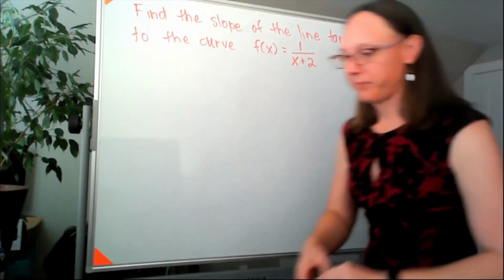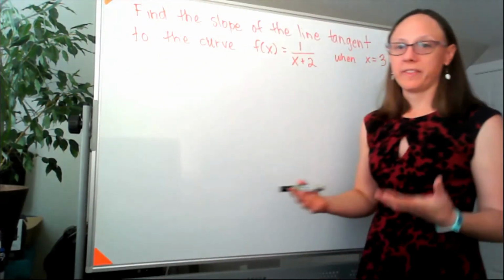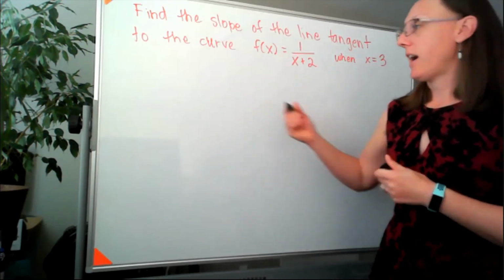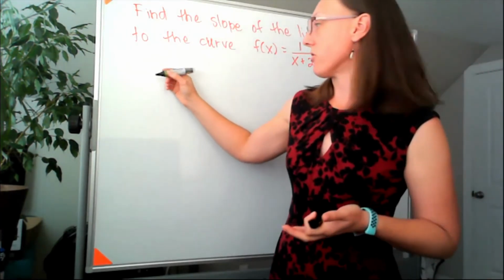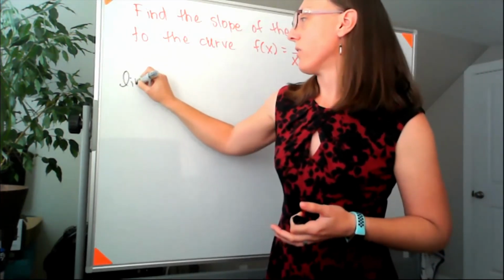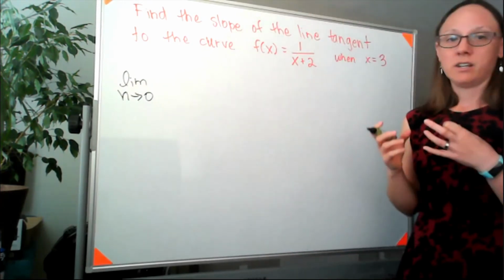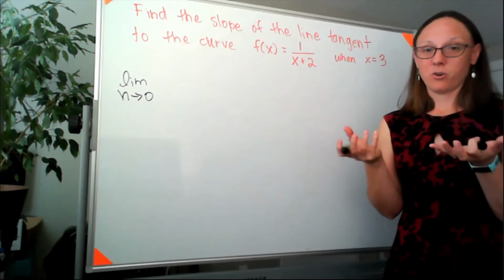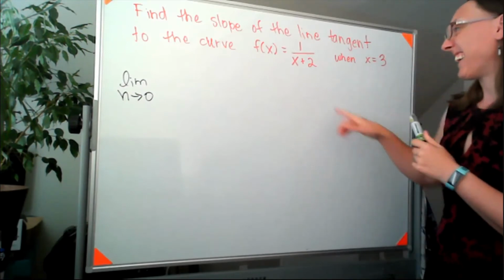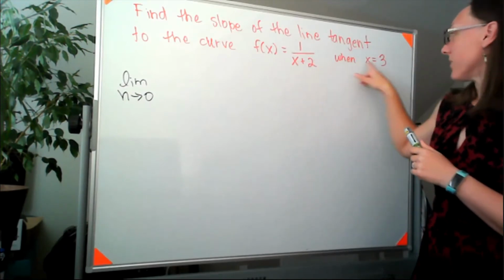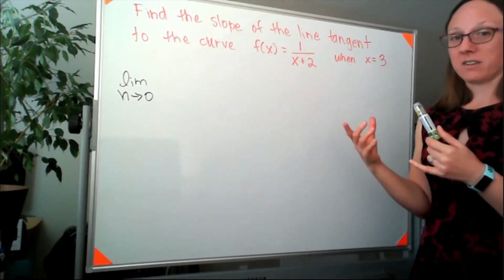So without a picture, I know that the slope for our tangent line is going to look like the limit as h approaches 0. I don't need the picture to know that I'm going to be plugging in my 2 points.